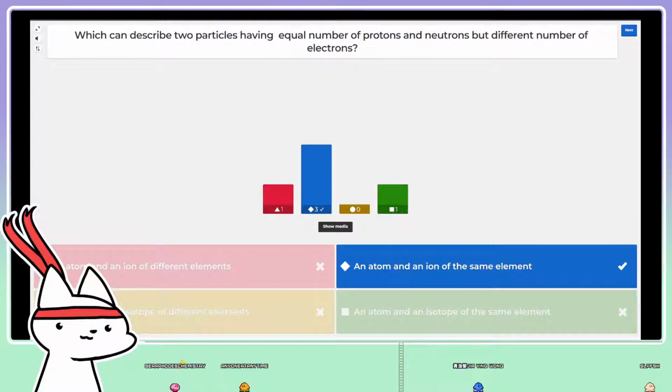So in this case, when you have the same number of protons, it must be the same element. But then if the electrons are different, it turns into an ion. So if two particles have equal protons and neutrons but different electrons, let's use this.